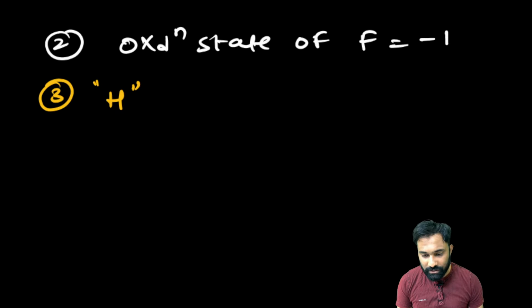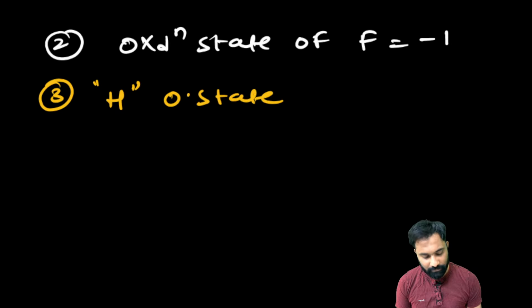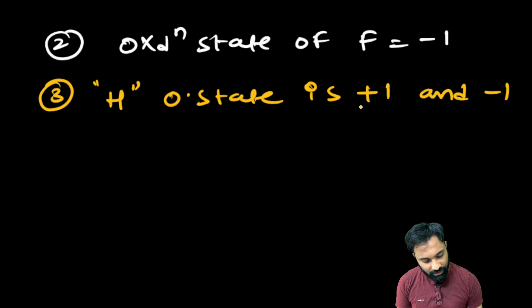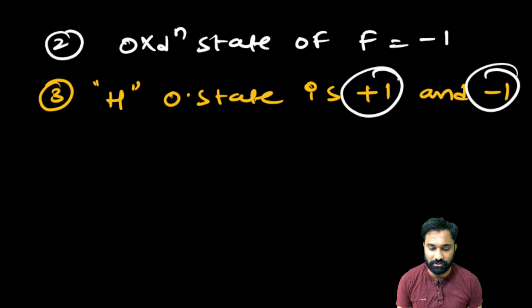Now the hydrogen oxidation state is +1 and -1. Hydrogen can show the oxidation state +1 and -1. When will it show +1 and when will it show -1?